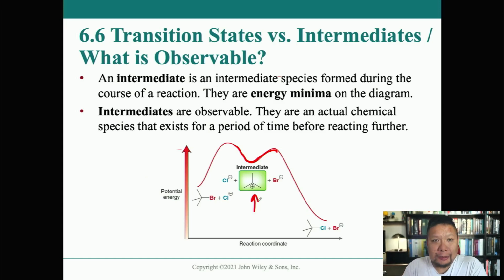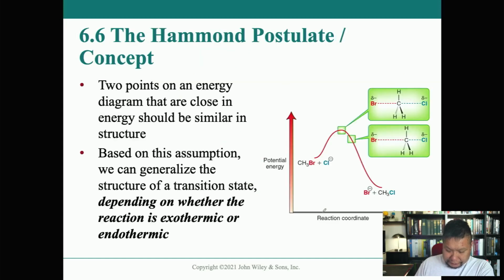An intermediate is a species formed during the course of a reaction, and they are at the energy minima. Intermediates are definitely observable. They are actual chemical species that exist for a short period of time before they react further. That's the difference between the two.